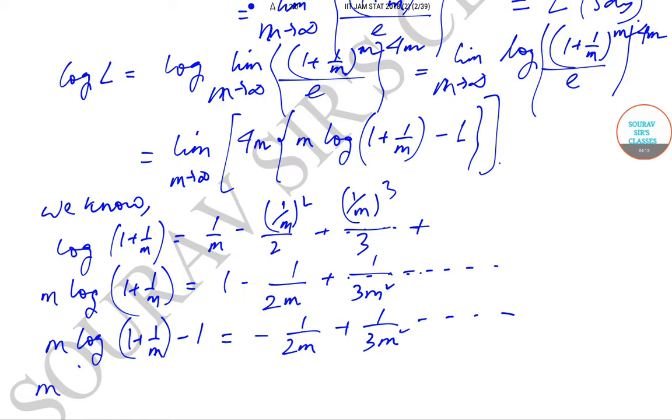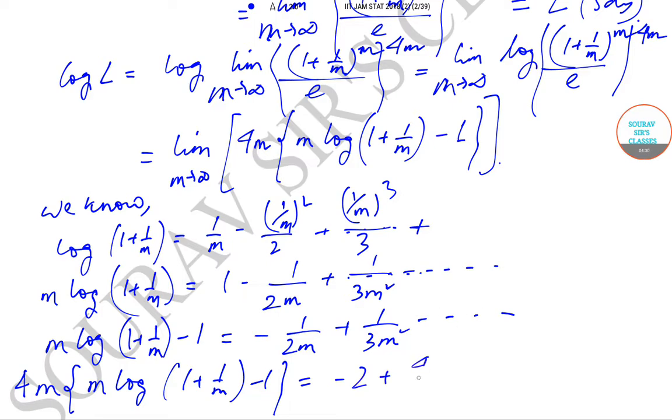So 4m times (m log(1 + 1/m) − 1) will give us, if you multiply by 4m, −2 + 4/(3m) and so on.